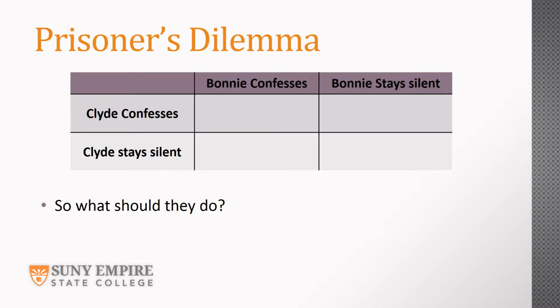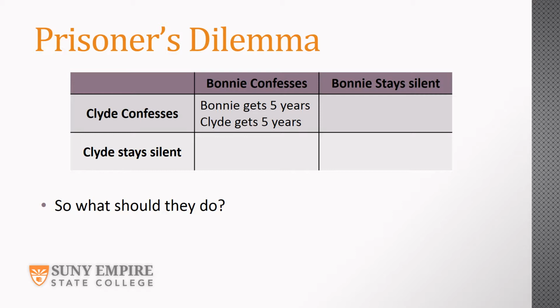The police attempt to force either a confession or for one of the convicts to say the other did the crime. Bonnie may confess that Clyde did the crime, or she may stay silent. Clyde may also confess, saying that Bonnie did the crime, or he may stay silent. Each possible outcome has a different sentence for the convicts, as we shall see.